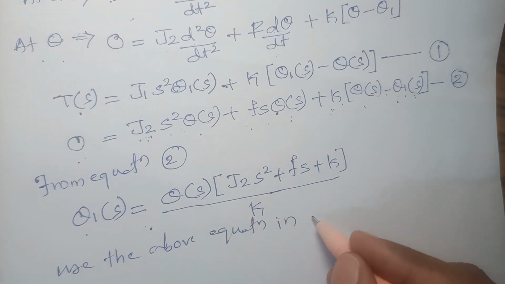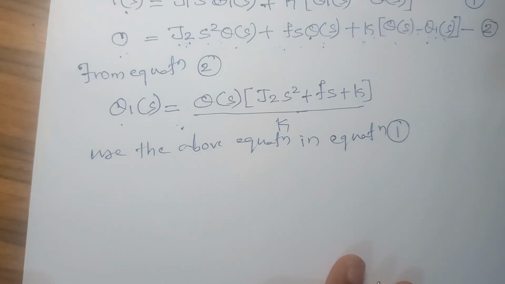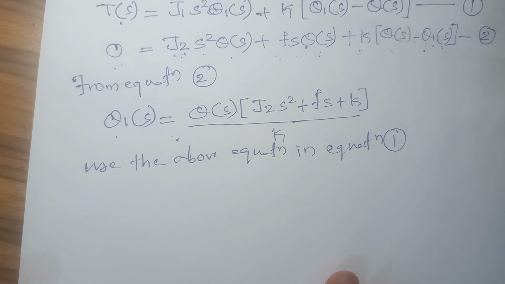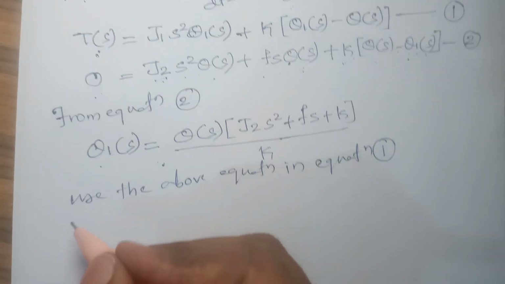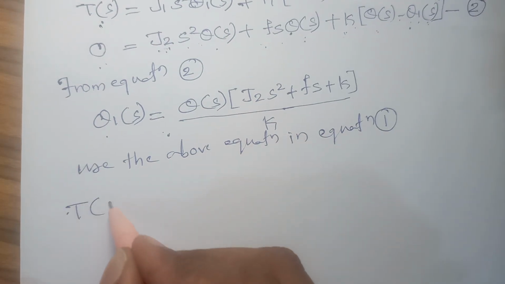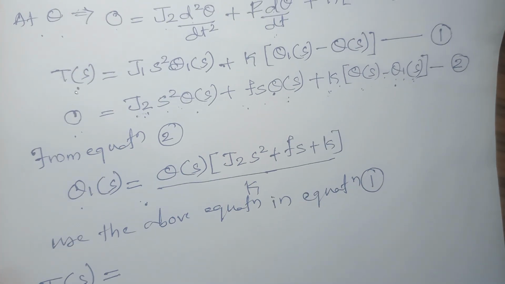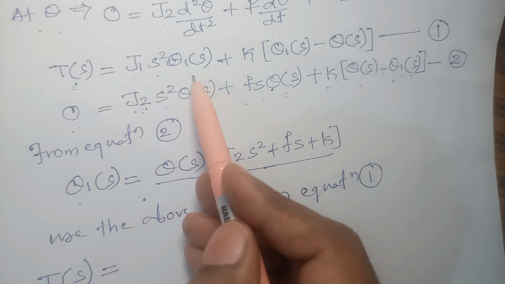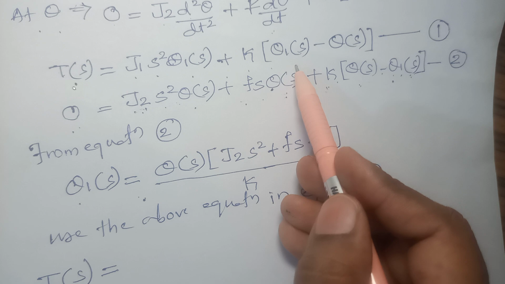Equation 1 is t of s, we'll write t of s that is equal to, next what you have, j1 s square theta 1 of s plus k into theta 1 of s.